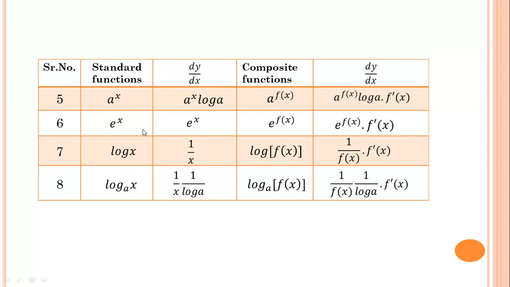We have compared all the composite functions with the standard functions, just to understand the chain rule and how to take the derivative with the help of the chain rule. That is our main part. So today we have discussed all the rules related to the derivatives of composite functions.